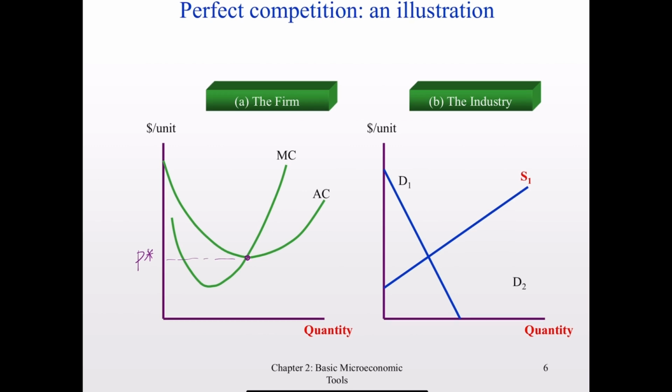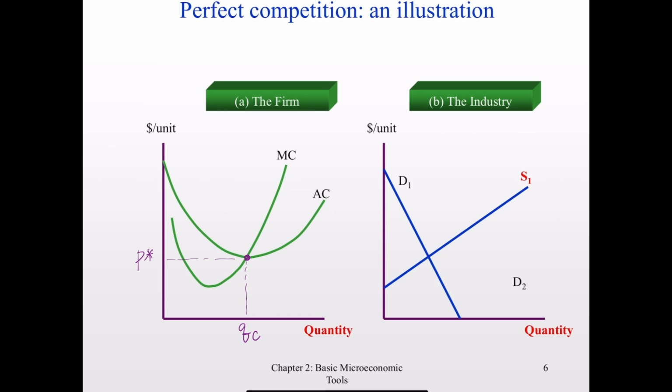This point occurs at quantity small qc, which is the individual firm's quantity. Remember, in perfect competition, the firm is a price taker, so its marginal revenue is always equal to the market price.